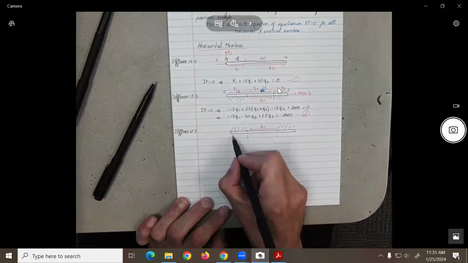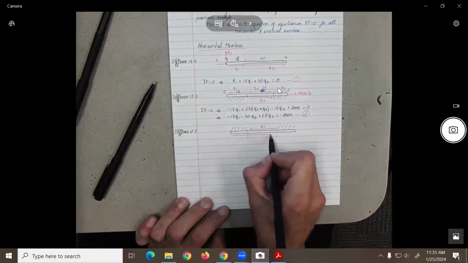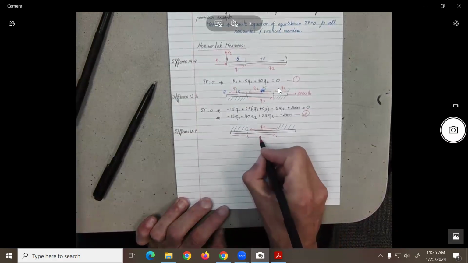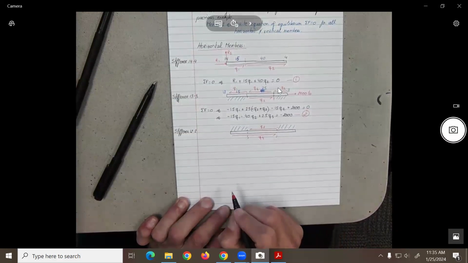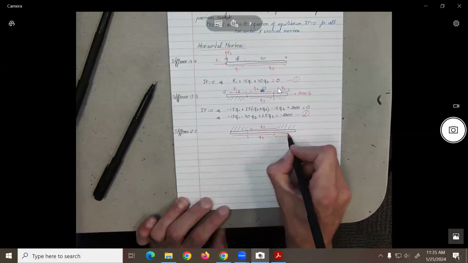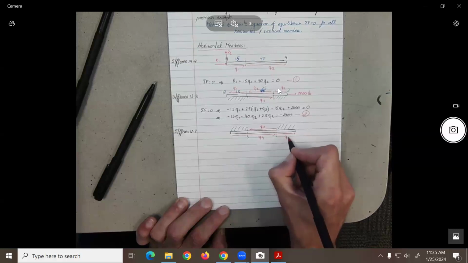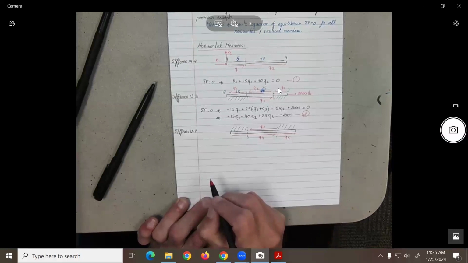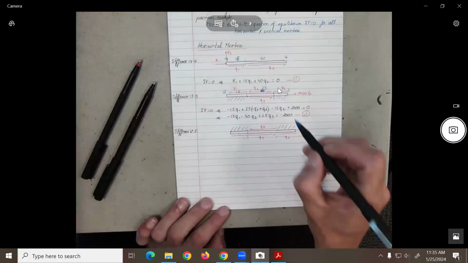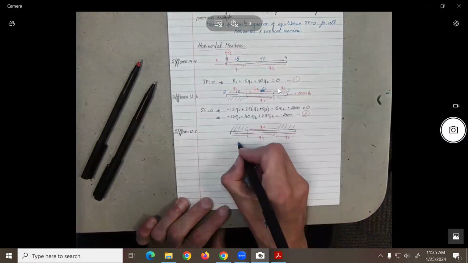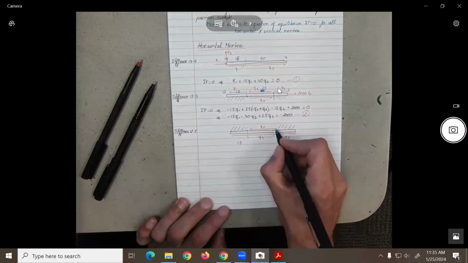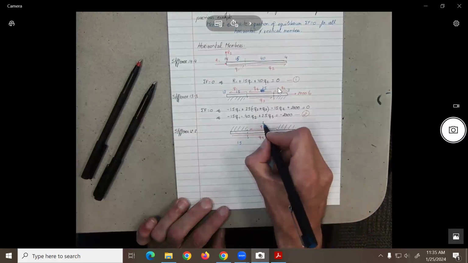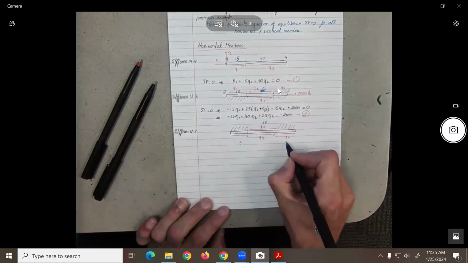Now all this stuff here will actually be Q4. This will be Q5, and this one has no forces. So what will be the distances? This is 15. This distance here will be 25, and this is again 15.